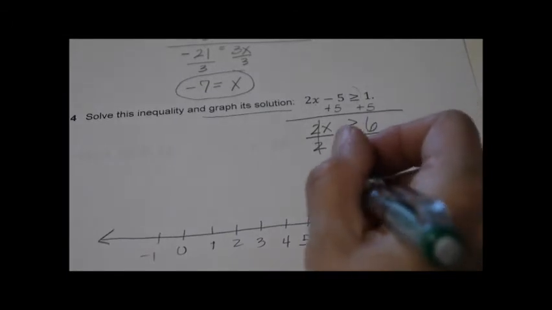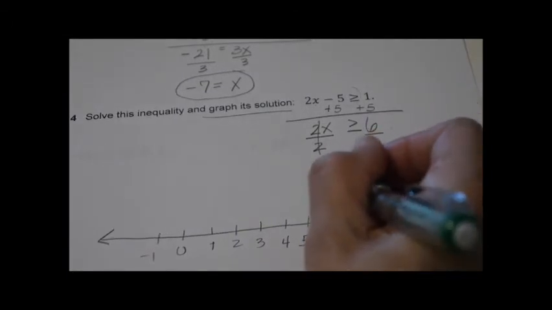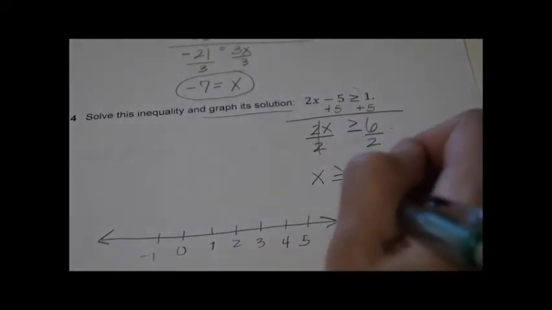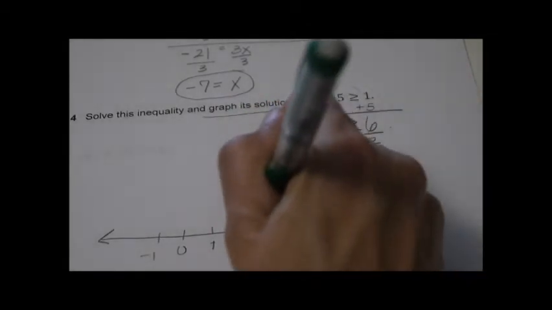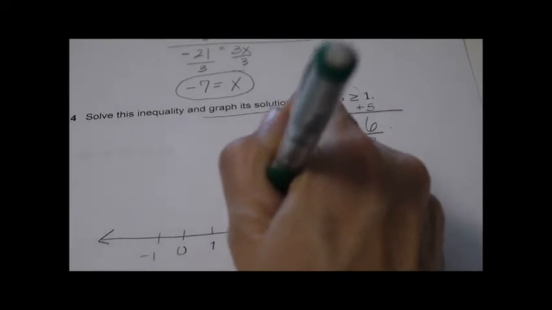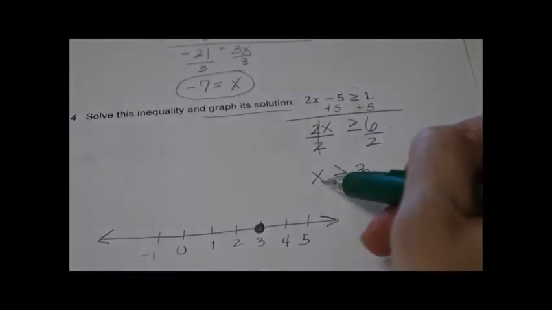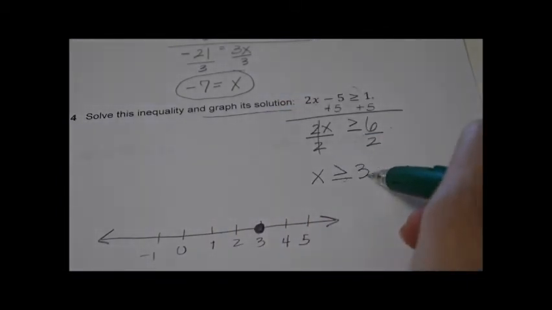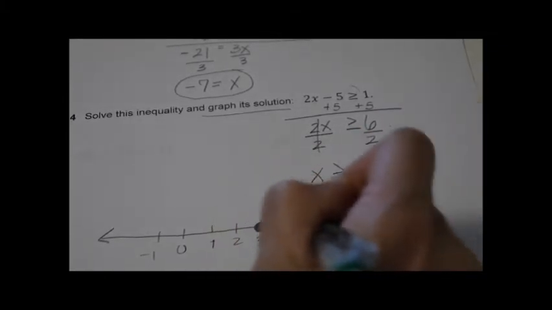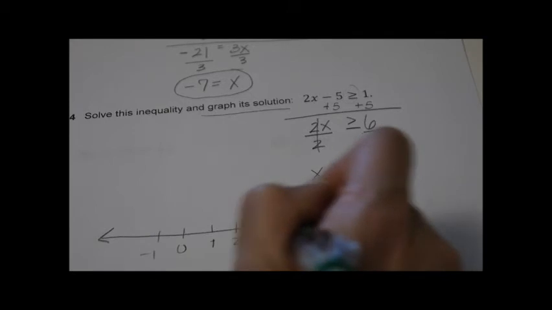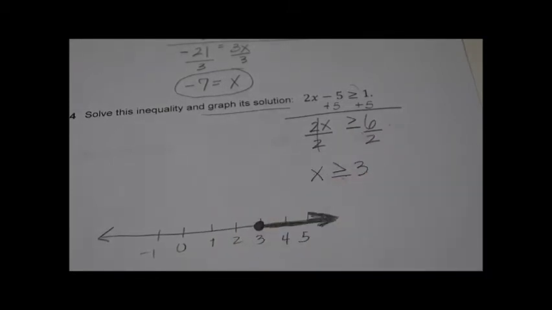Okay, and I see it's greater than or equal to, so that's inclusive. That means it's a solid dot, a solid circle right at 3. Okay, and we're talking about things greater than or equal to 3. Greater than 3 is to the right of it. So there we have it graphed.